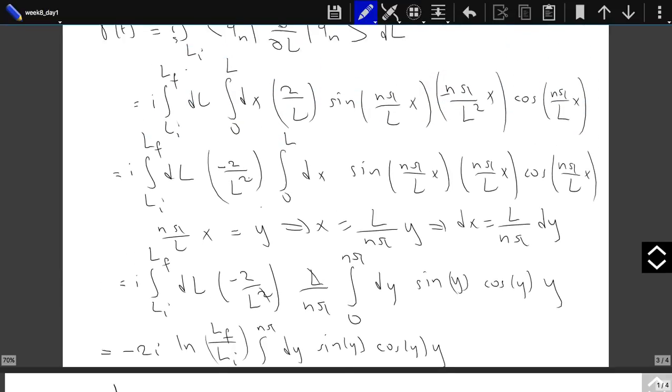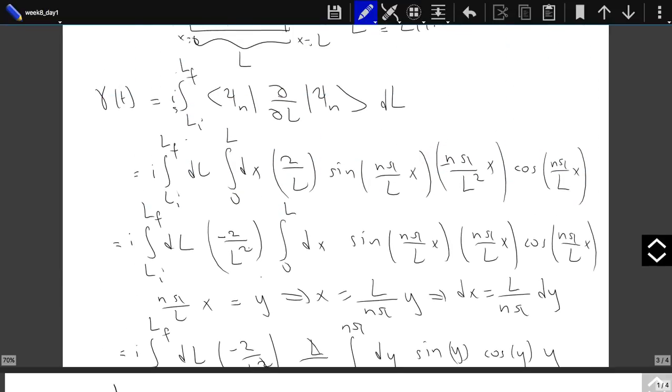Oh, there is one mistake in our calculation, by the way. Where is it? Okay, now I see our mistake. I don't know if it will solve our problem, but there is one mistake in our derivation.